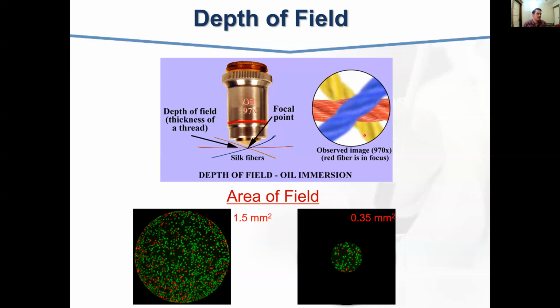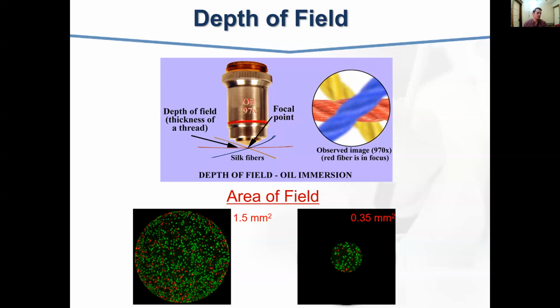That is a function of your depth of field. Your focal point in this case is exactly on the red fiber. Your red thread is in focus, but the depth of field is too shallow to capture all three threads in sharp focus.